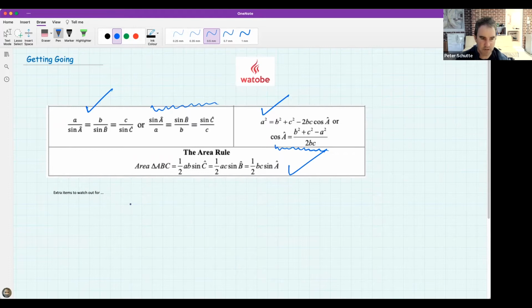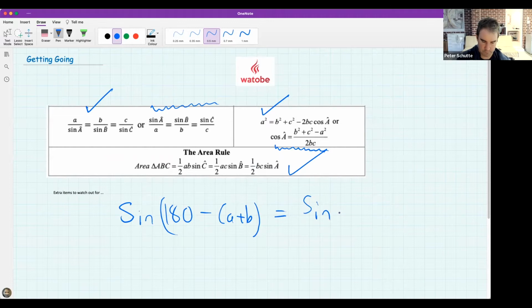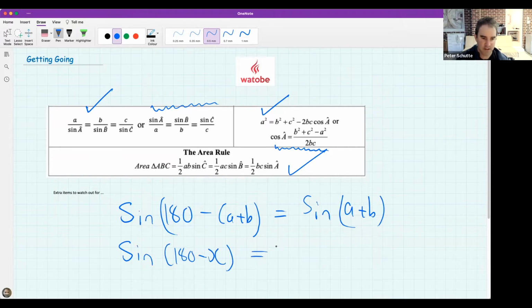And so sometimes you get situations in questions where that idea comes up. And that's a little bit weird, but what it's saying is that in trigonometry, there's a trig identity which says the sine of 180 minus x is the same as the sine of x.